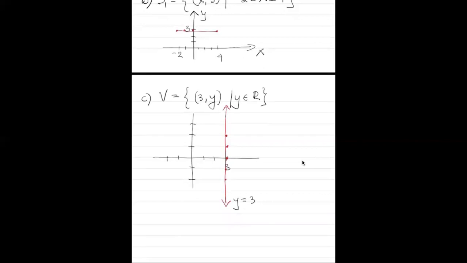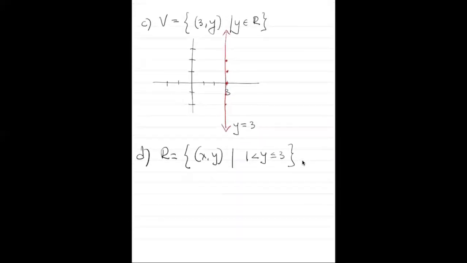So another example for a relation, we're going to have all the pairs (x, y) such that y is between 1 and 3. So y is restricted between 1 and 3, and x could be anything.